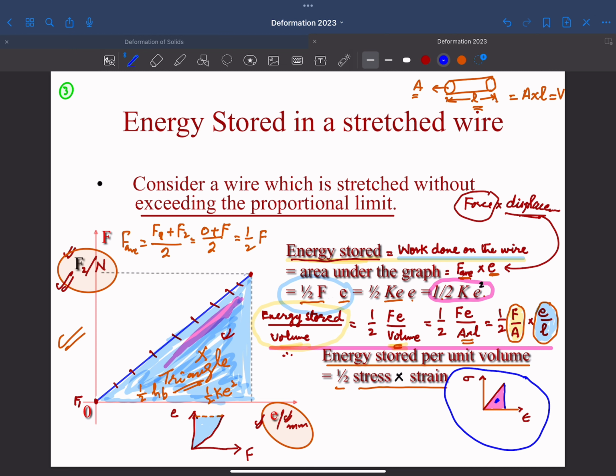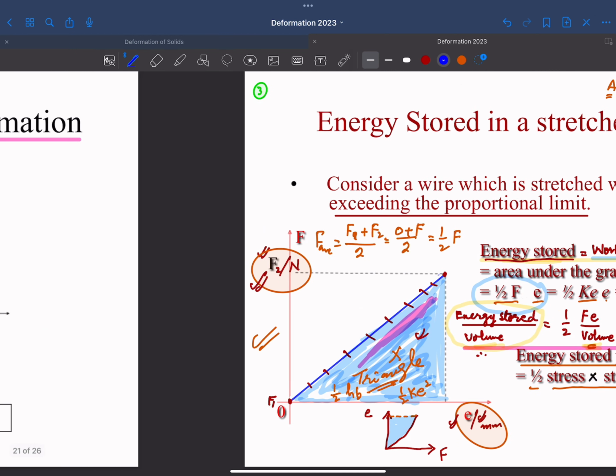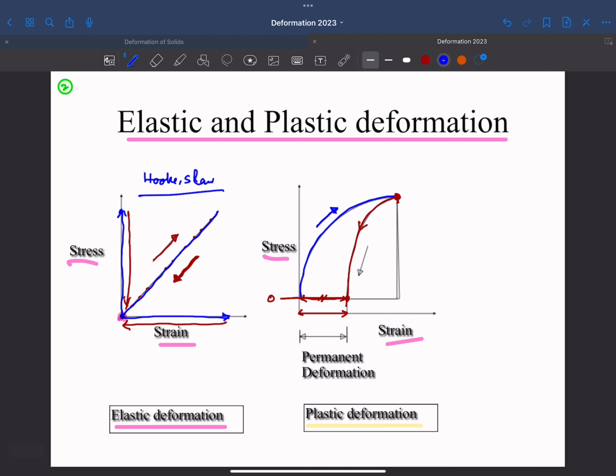And of course this is a loading and unloading situation. Suppose you are going somewhere here, you are loading the system. Loading the system means that if we consider this overall area under the curve, I'm using pink color here, this is the total work done for the deformation.